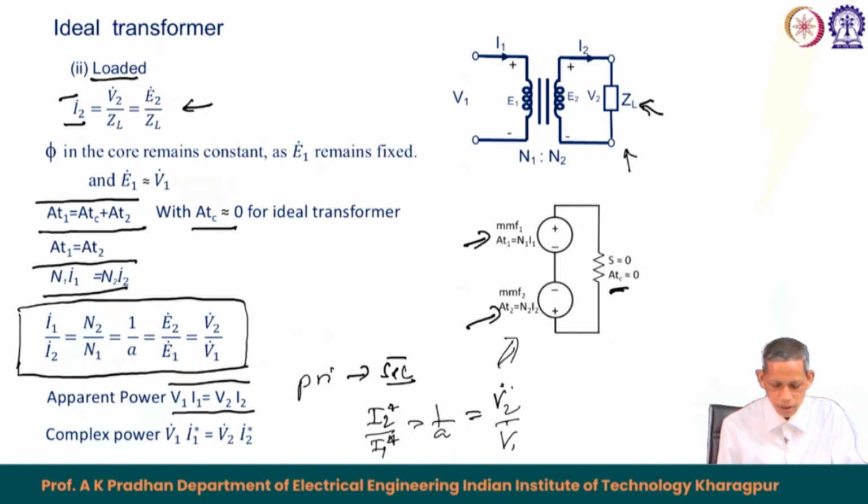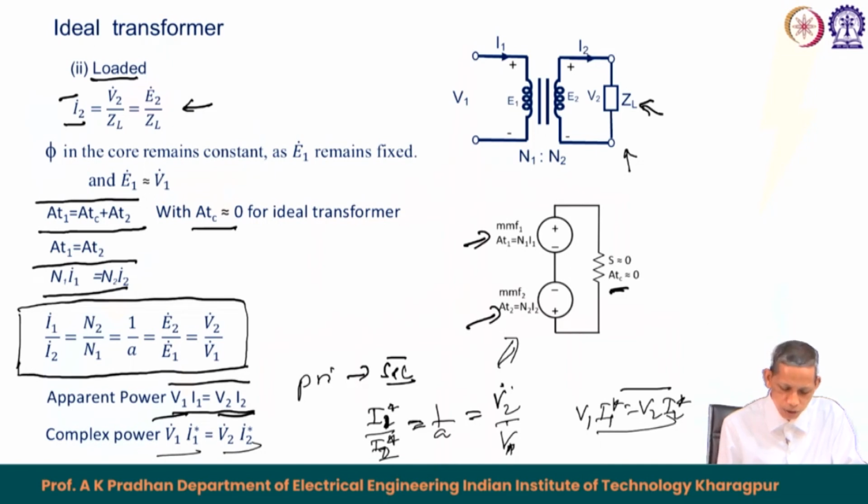So we multiply this term. We say that this is I1 upon I2, so this equals 1 by A, and this becomes V2 upon V1. If we multiply this, V1 I1 conjugate equals V2 I2 conjugate. So this implies that the complex power in the primary equals the complex power in the secondary.